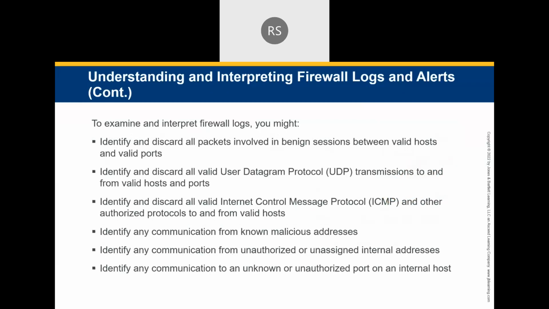You also identify and discard valid internet control message protocols and other authorized protocols to and from legitimate hosts. You identify any communications that are originating from known malicious addresses and then take appropriate actions as needed. Also, identify any communication from unauthorized or unassigned internal addresses. And then finally, you identify any communications directed to an unknown or unauthorized port of an internal host.